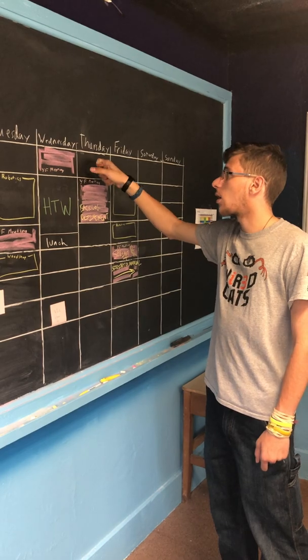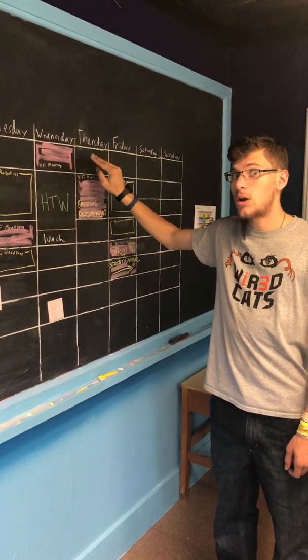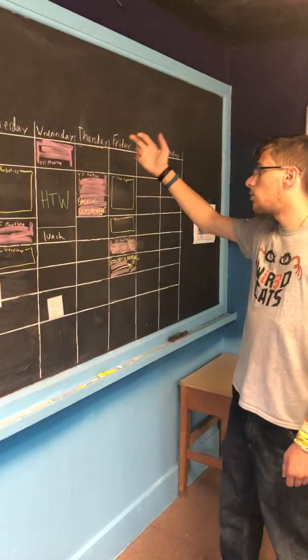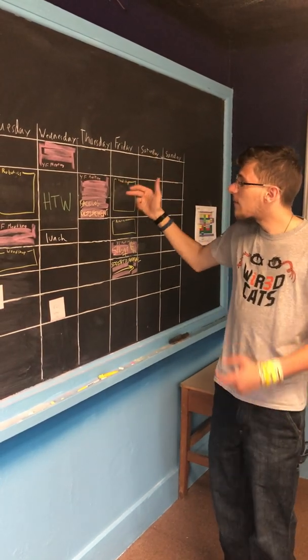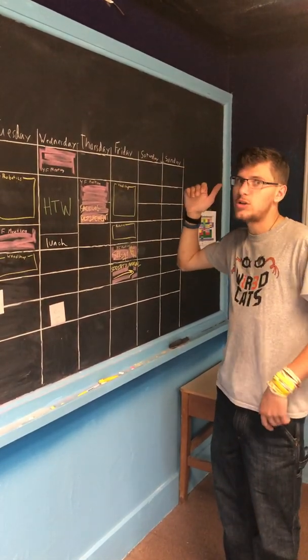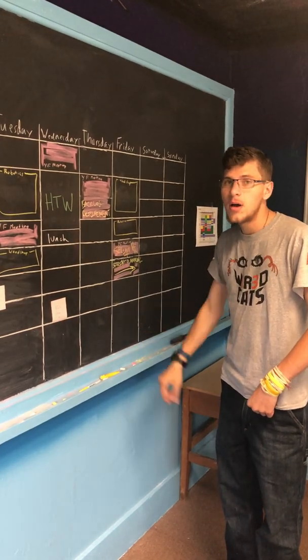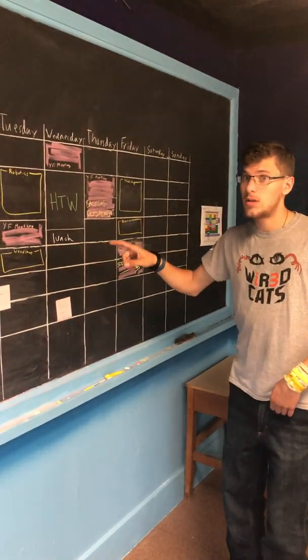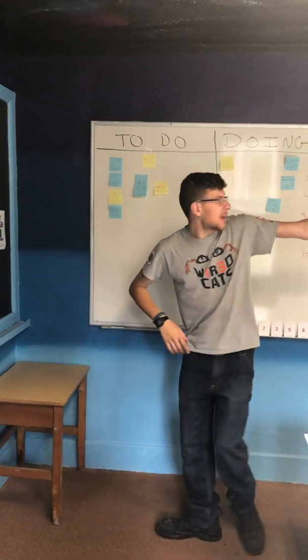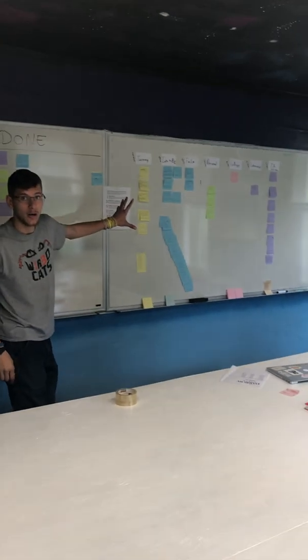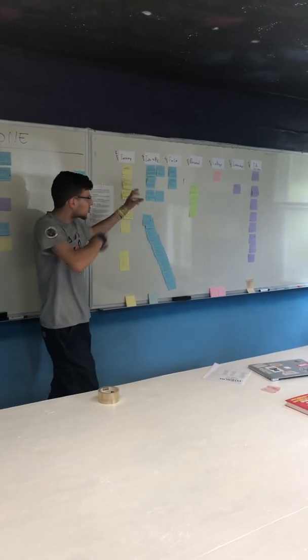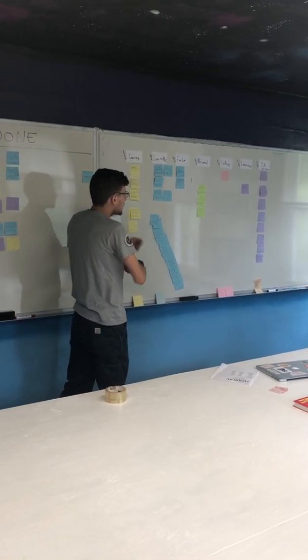Thursdays are where my sprints are going to end. At 8:45, I have a Young Founders meeting where we do what's known as backlog refinement. This area is known as my backlog. We go through here and sort out what belongs where.